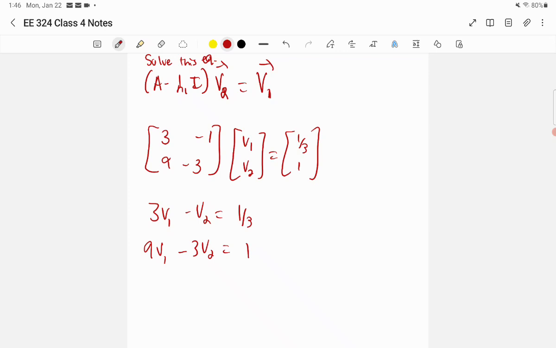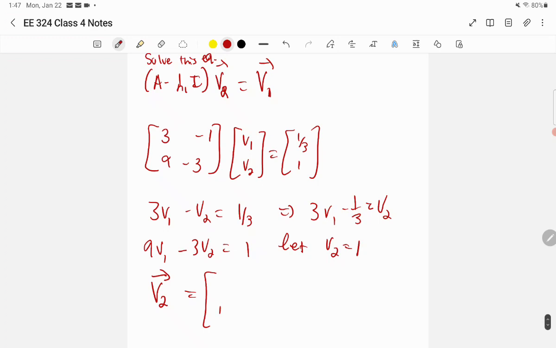Okay, and then we get something like 3v1 minus 1/3 is equal to v2, and we could just say let v2 equal to 1. So that means my vector v2 is equal to 1 down here, and I believe this gives me 4/9 up here.